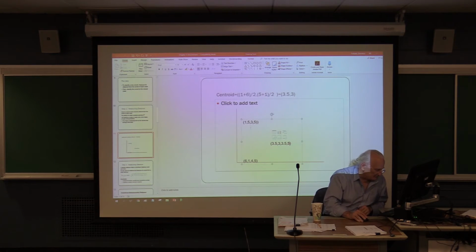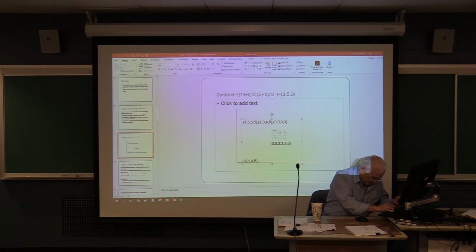And if you have more than two points, say 3 points, each in 4-dimensional space, to find the centroid you take (1 plus 2 plus 3) over 3, (5 plus 3 plus 3) over 3.